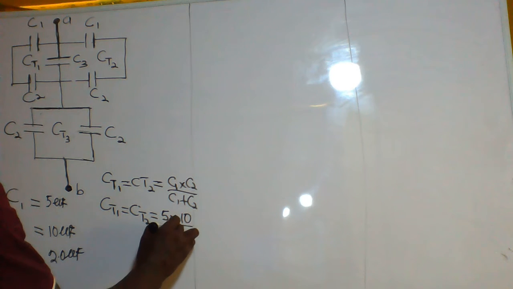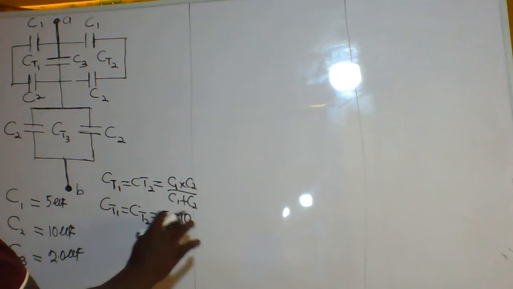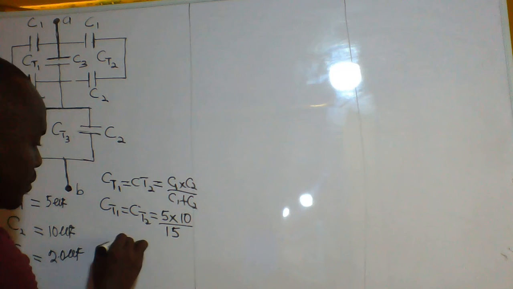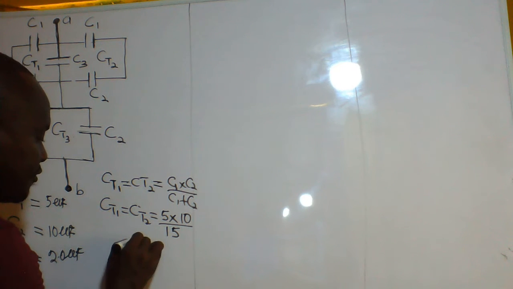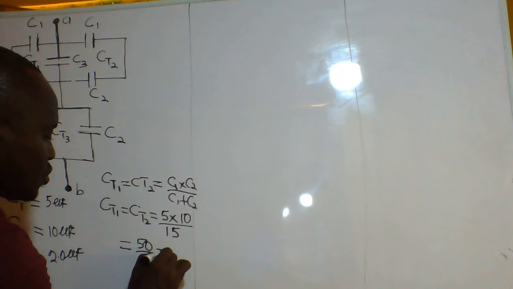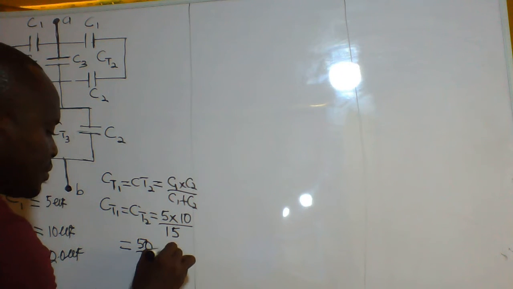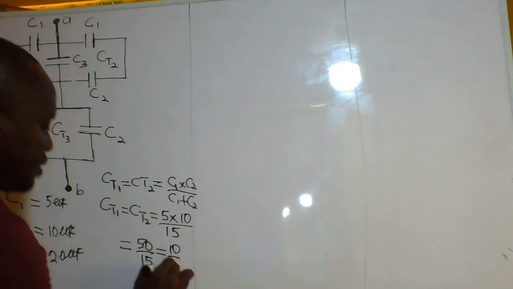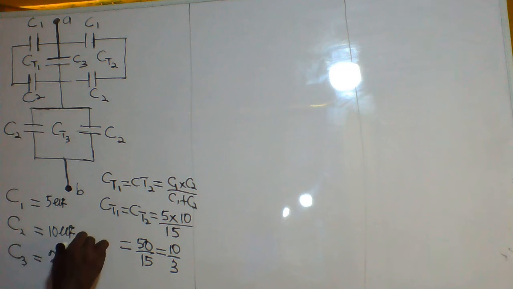Over 15, of course, 5 plus 10. So we have this as 50 on 15, which is equal to 10 on 3 for CT1 and CT2 respectively.